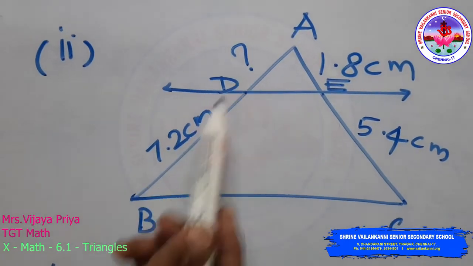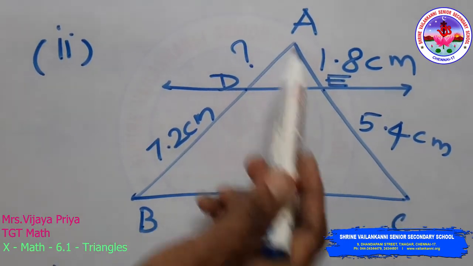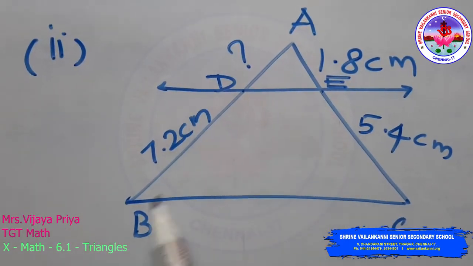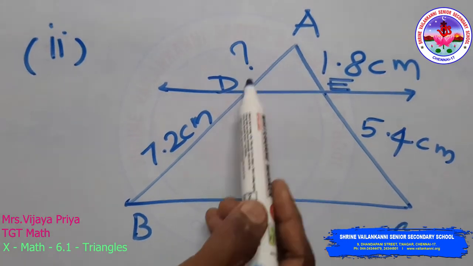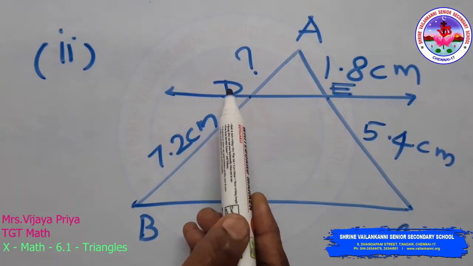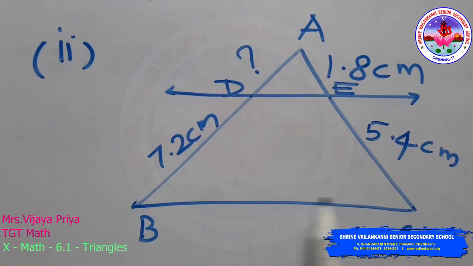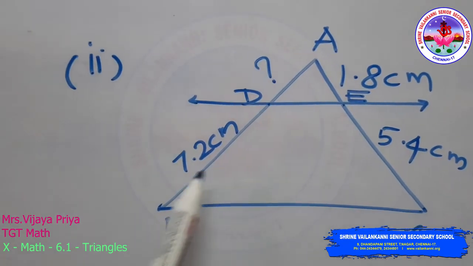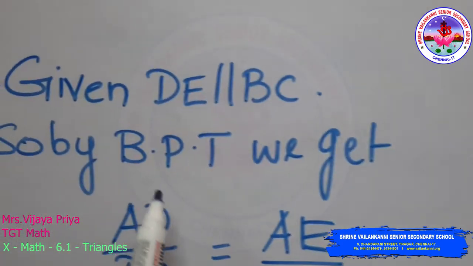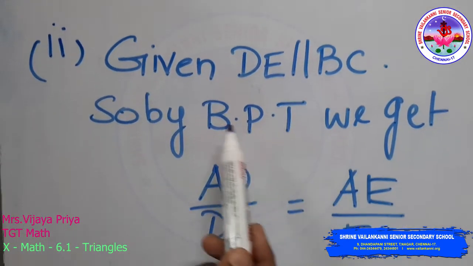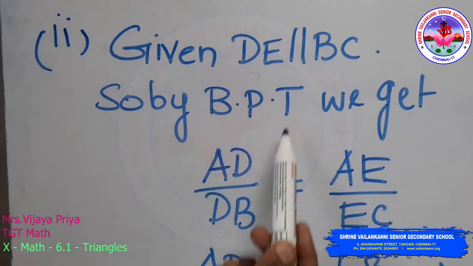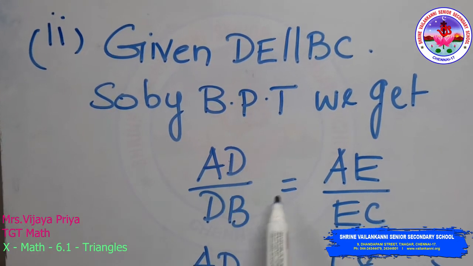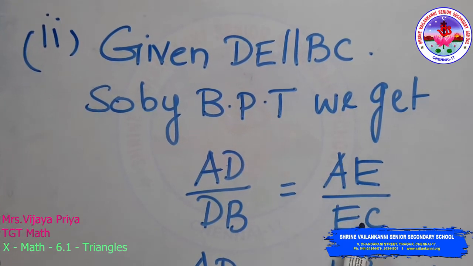Now the second subdivision, where triangle ABC is given with DE parallel to BC. We need to find AD. Since DE is parallel to BC, I am using the basic proportionality theorem here. So DE is parallel to BC, and by the basic proportionality theorem we get AD by DB is equal to AE by EC.